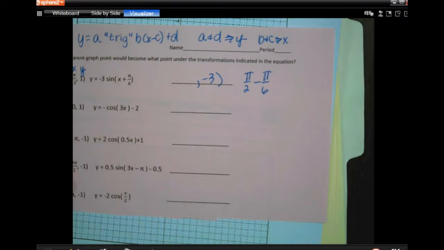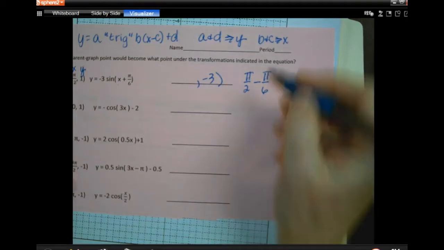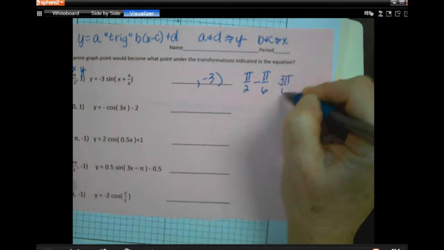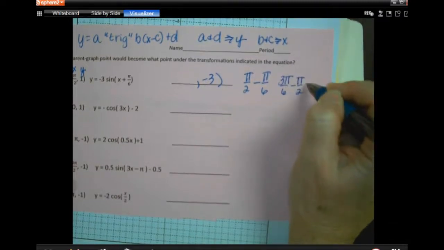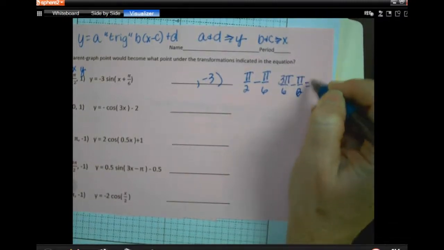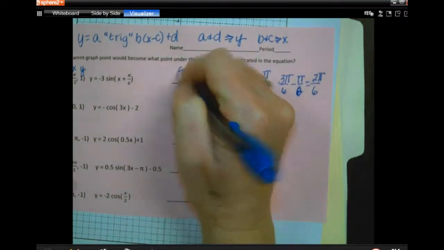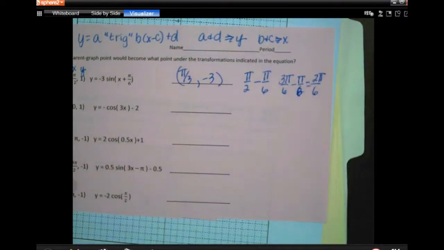And if you can't do that, find a 5th grade video on Khan Academy and figure out how to get common denominators. So this is 3 pi over 6. So I get 3 pi over 6 minus pi over 6, which is going to give me 2 pi over 6, which is pi over 3. So my new point is pi over 3, negative 3.